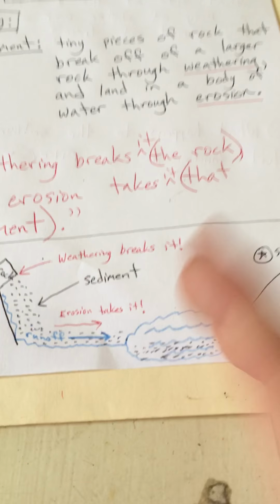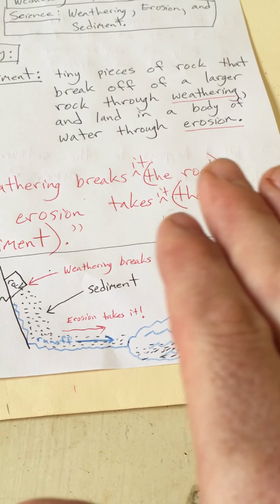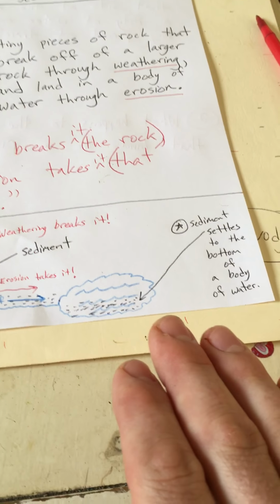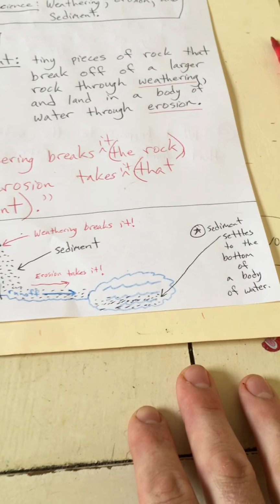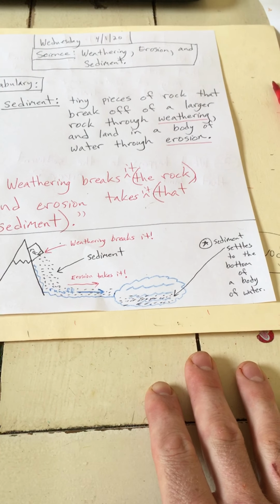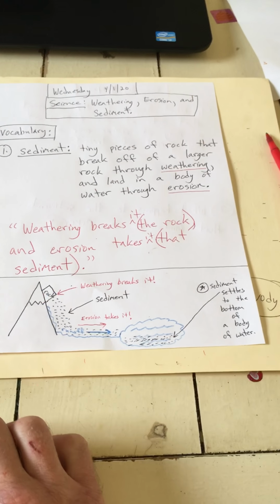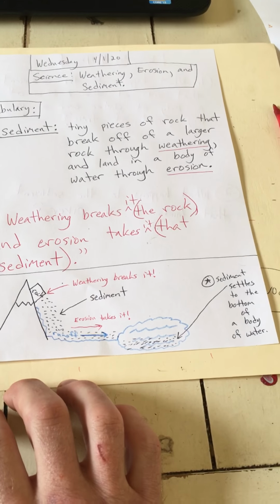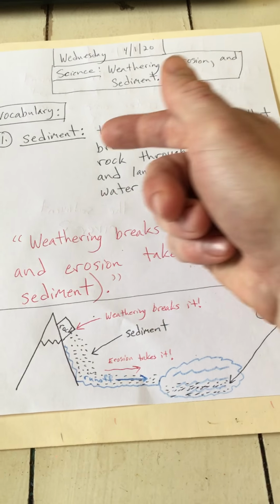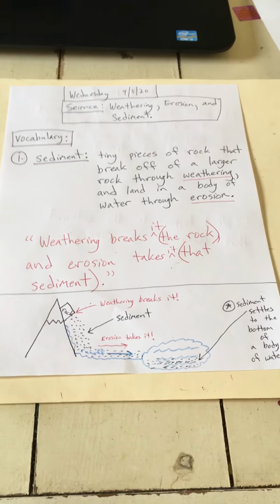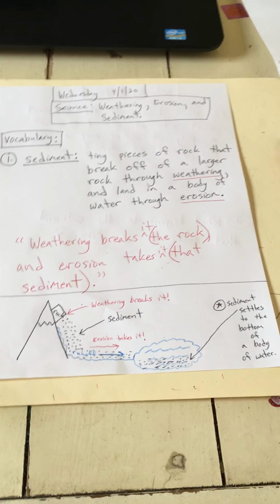So if that water's not moving, the little pieces of weathered rock, the sediment, are going to settle down to the bottom of the water and stay there. All right? Go back if that is a little confusing, but I thought this drawing was going to help. All we added was the name of those little pieces of rock that break off. Those are called sediment. And we're going to continue learning more about sediment as we move through this unit.